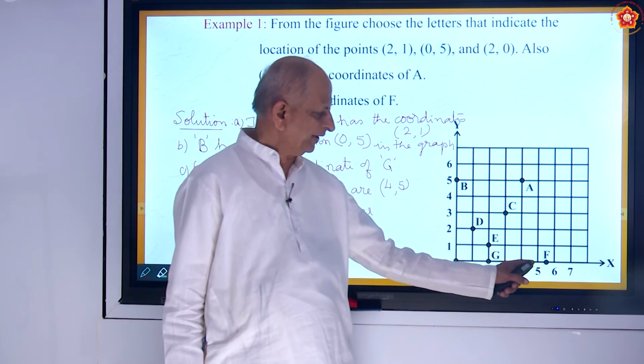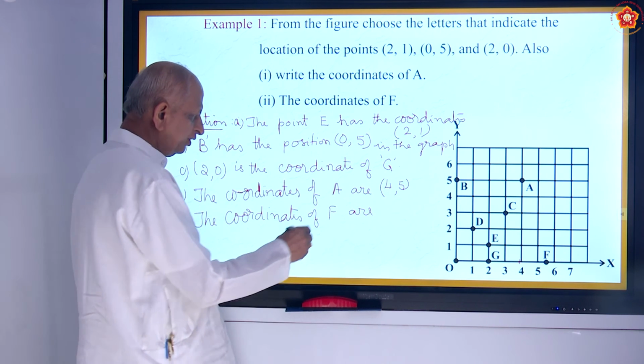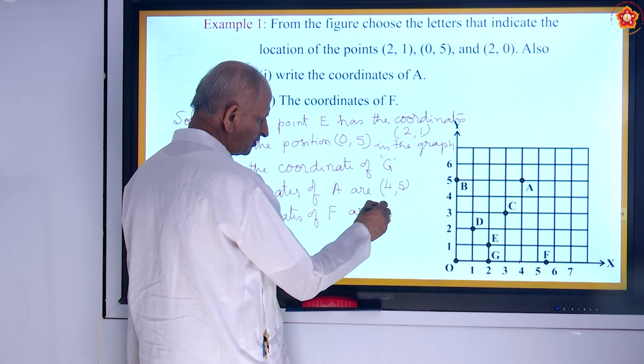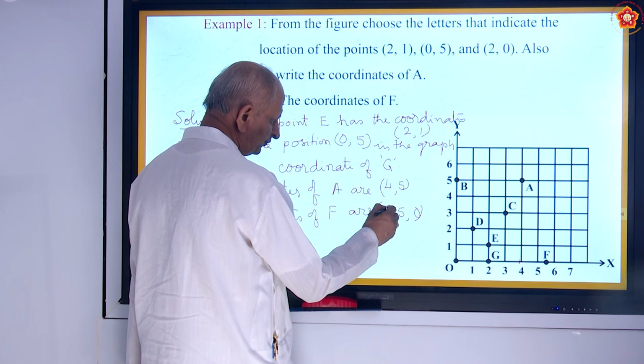Where is F? F lies between 5 and 6. So x-axis is 5.5. Y-axis 0. Why 0?